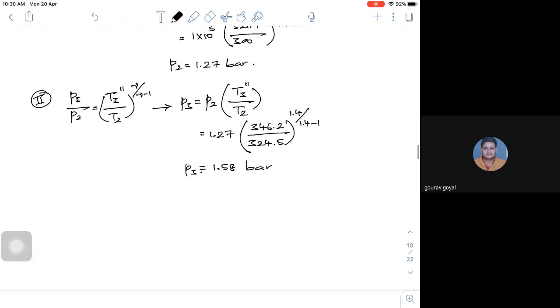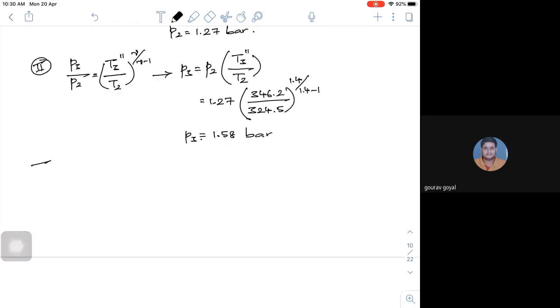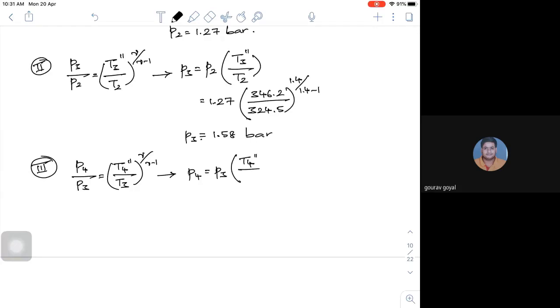If I repeat the same thing for the third stage, this will be T4 by T3 is equal to T4 double dash divided by T3, whole to the power of gamma by gamma minus 1. So P4 is equal to P3 into (T4 double dash divided by T3) to the power of gamma by gamma minus 1. Let me substitute all the values.